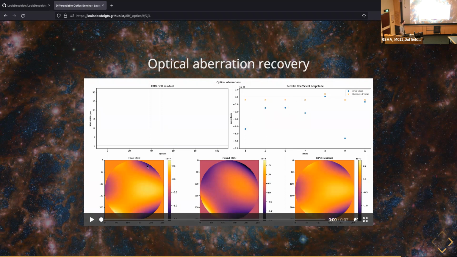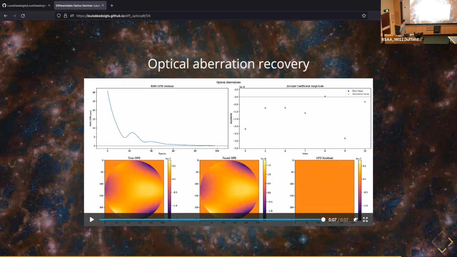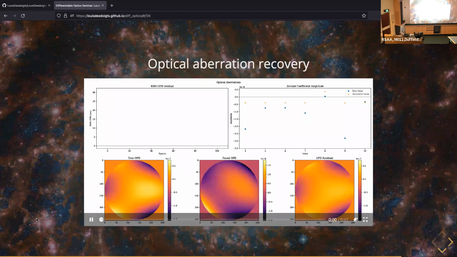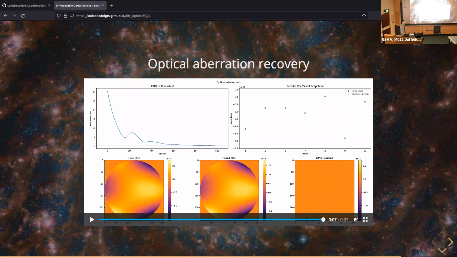And this is the actual true optical path difference that we're trying to recover. This is what it is at the current state, and this is the residual. I'll just let this play. As you can see, we get some nice little oscillating around, and we're able to find the solution quite trivially. I'll let it go one more time, just because it's fun to watch. As I said, lots of pretty videos and only 2 slides of maths.